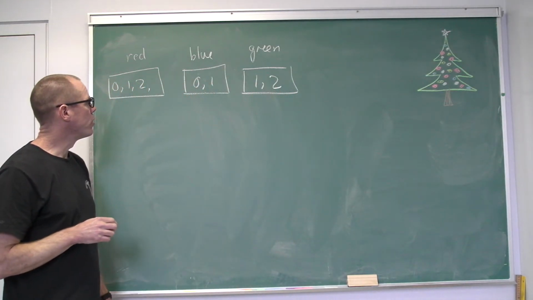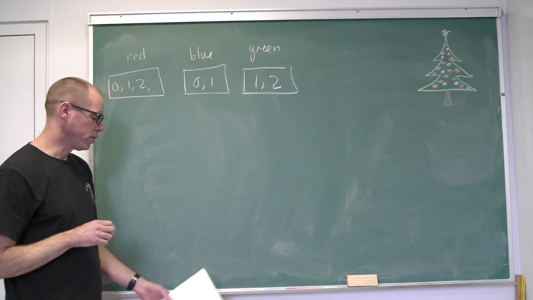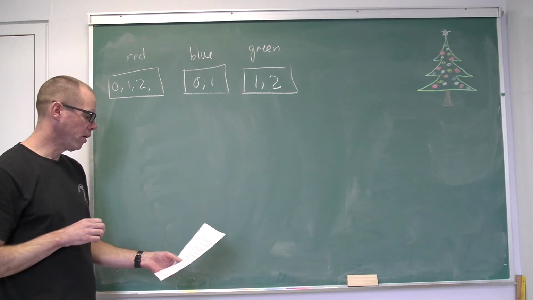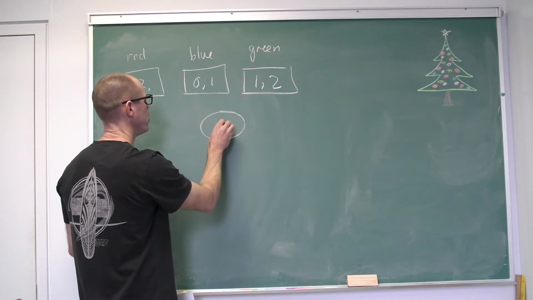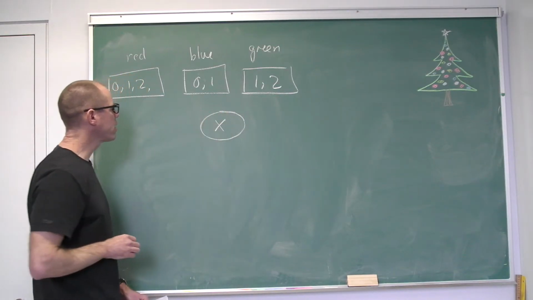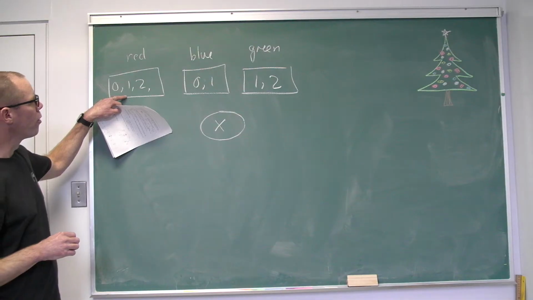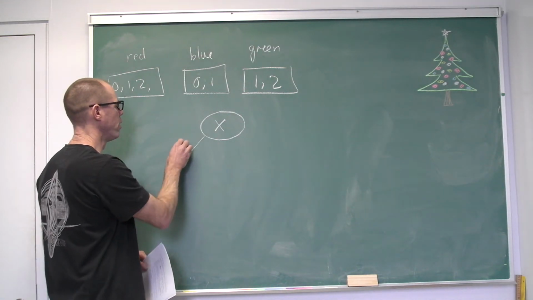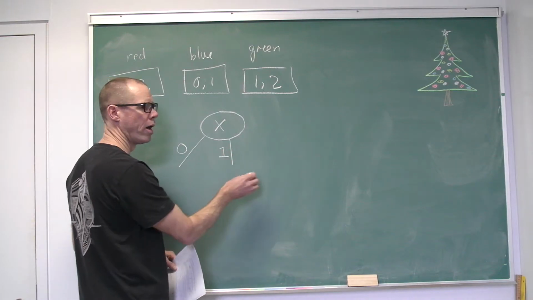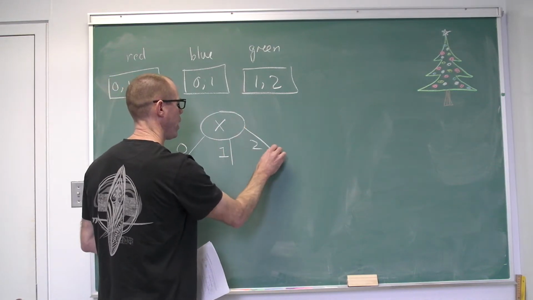All right. So there's a procedure that executes in two steps that's described here. In step 1, you're going to choose a number that you're going to call x uniformly at random from the red box. So x could be 0, x could be 1, or x could be 2.